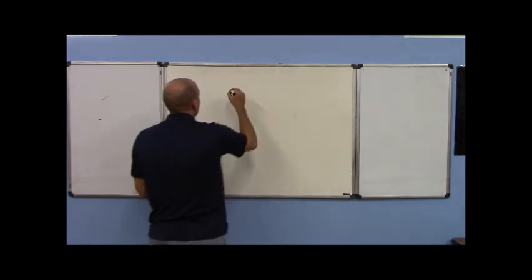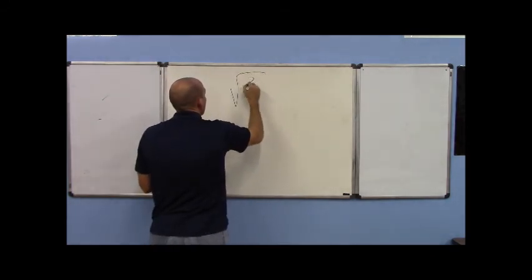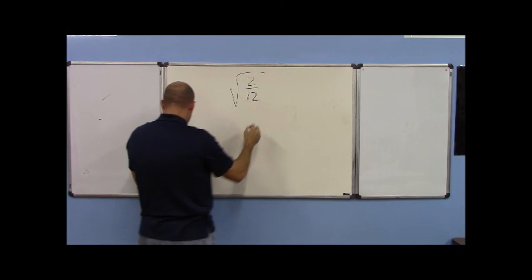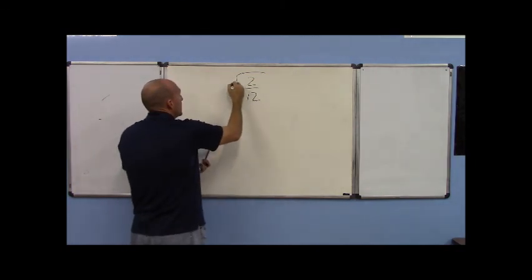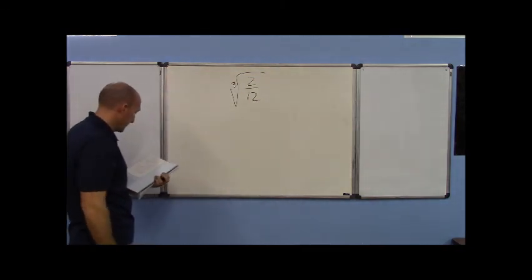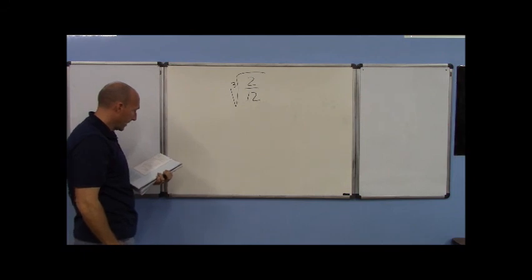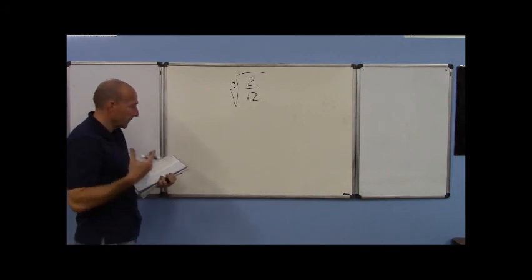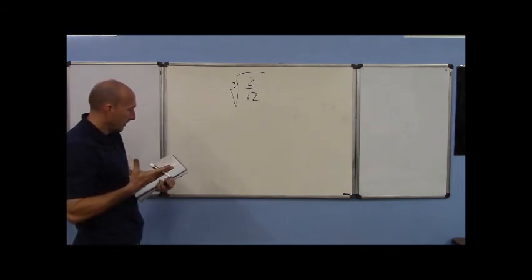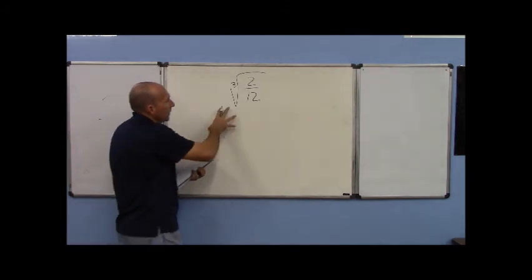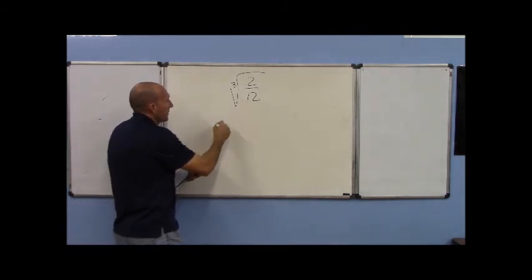All right, so we start off, we're given 2 over 12, but the index is 3. Now, what we can do is, first of all, we simplify, and then we will end up renaming. So let's simplify this.